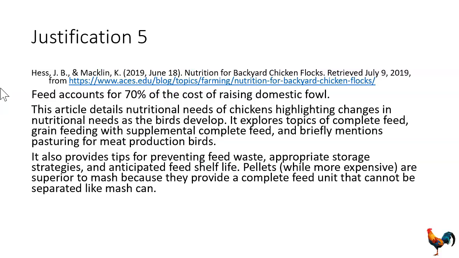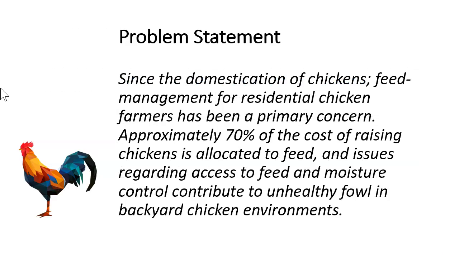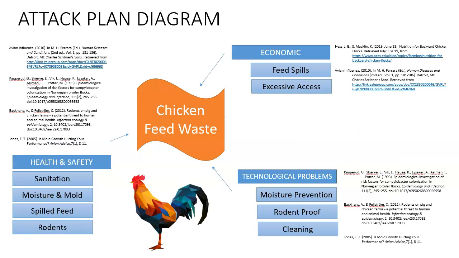So really, when I look at this, I should have my problem statement after my justifications. Let me fix that very quickly. So right after we finish justification 5, we should have a problem statement that brings all of those ideas together, and then our attack plan diagram.